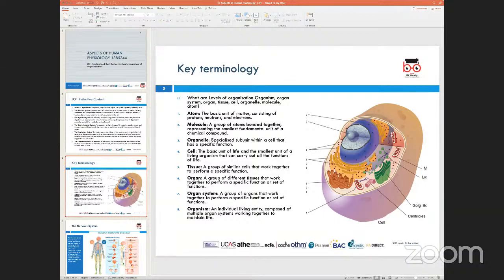They are chemically bonded, which means they are all put together as a chemical compound. For example, within a single cell you'll have a lot of atoms coming together to form different parts of the organ or the cell. In that case, it will be termed a molecule.